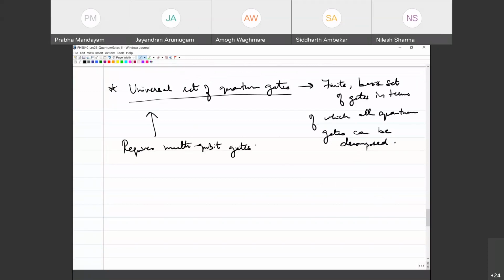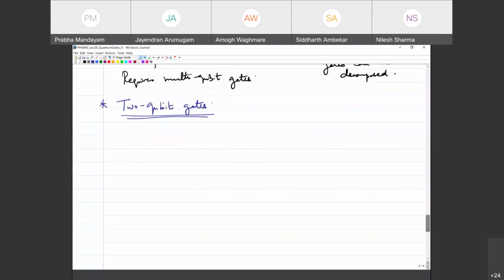Now when it comes to multi-qubit gates, let's just look at the case of 2-qubit gates. Now we have seen 2-qubit gates before, right? Which is a 2-qubit gate that we've already seen? CNOT. Yeah, so we have seen the CNOT and we know what it looks like, we know what the matrix looks like, etc. So let's start with the CNOT, okay?